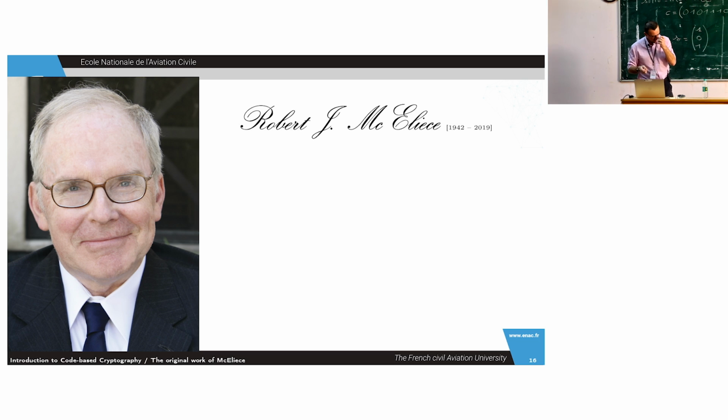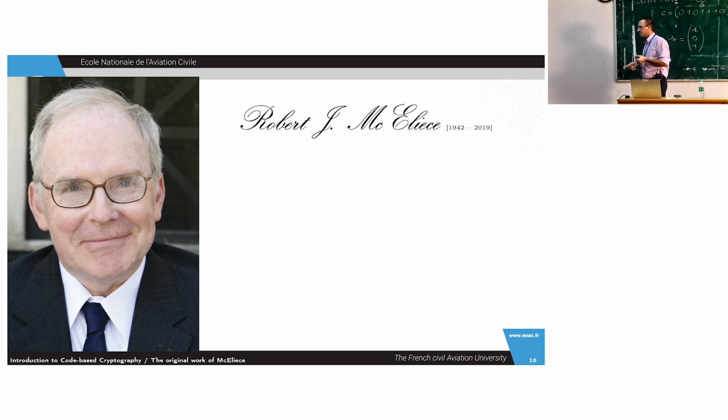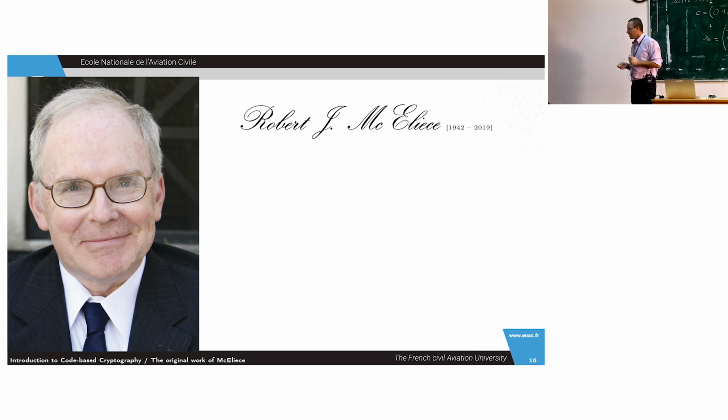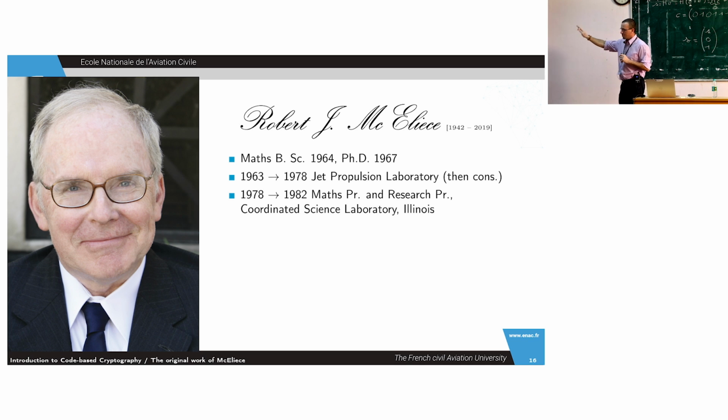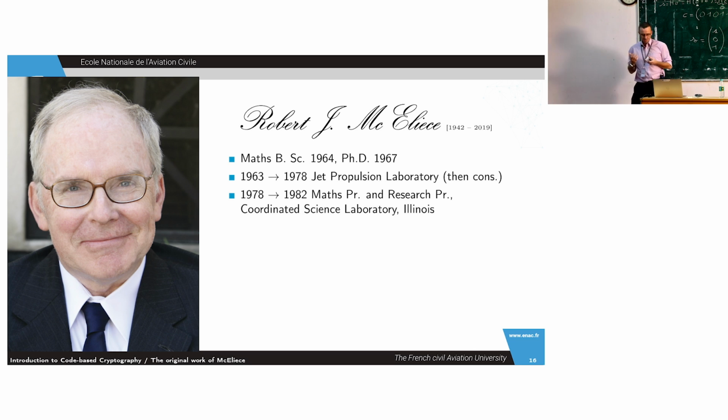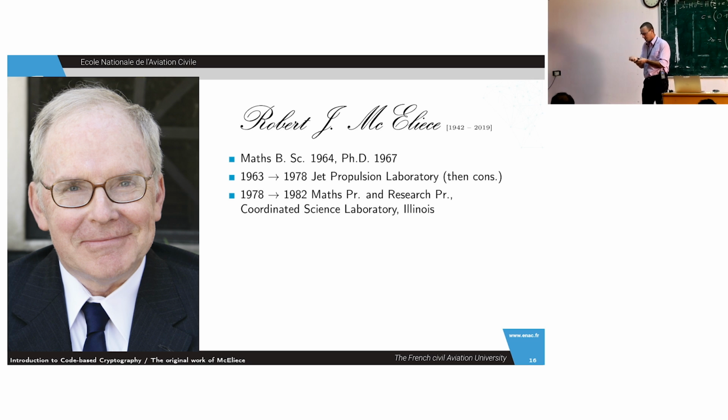He got his bachelor's degree in '64, a PhD in '67, and then he got a job at Caltech in California. They have a lab called the Jet Propulsion Lab. He worked for JPL for some time, and then he became a consultant to this lab. He was also a professor of mathematics and a research professor in the Coordinated Science Laboratory in Illinois.